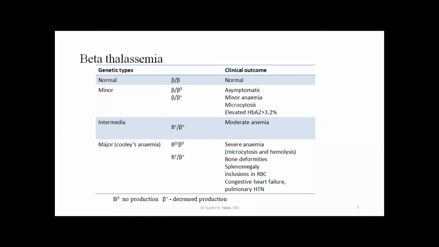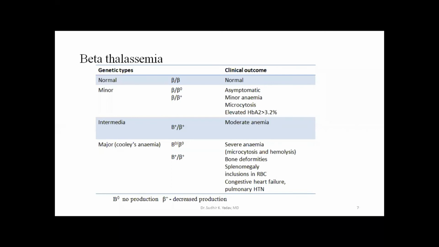So if there is no mutation, the individual is normal. But if there is a mutation, and we discussed the two types of mutation, beta naught means no production of beta globin, and beta plus means there is some production of beta globin.